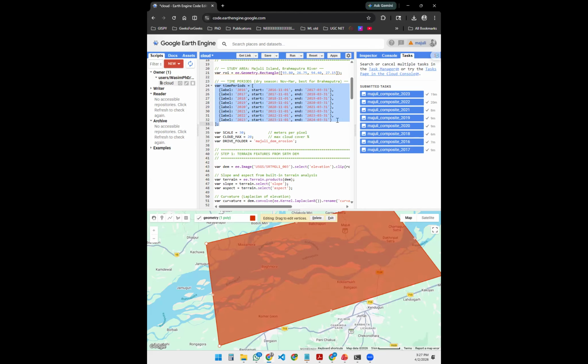And this composite, the Majuli composite, 2023, 2022. By the term composite, what do you mean actually? First, spectral data of water, land, and greens. Greens means the agricultural basis.